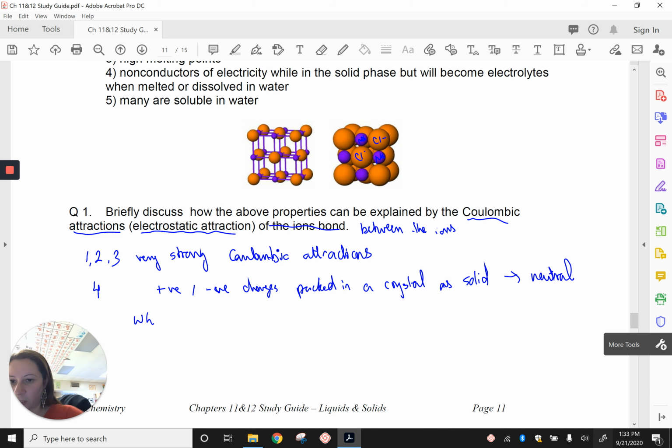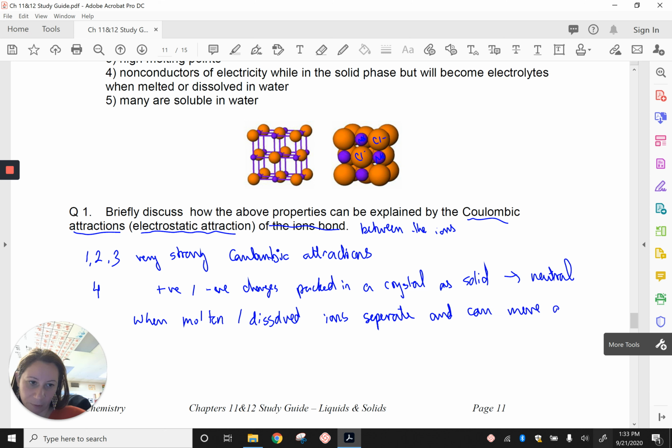So when molten or dissolved, ions separate and can move around each other.